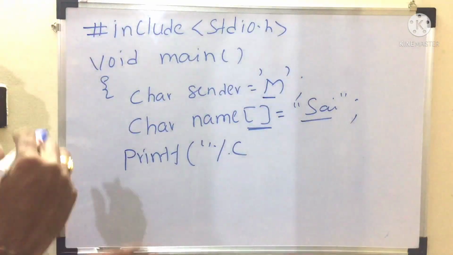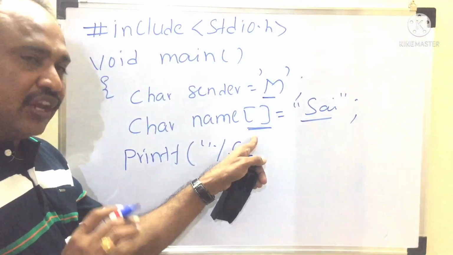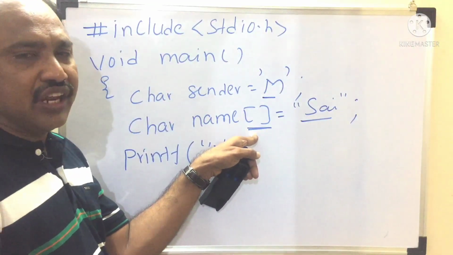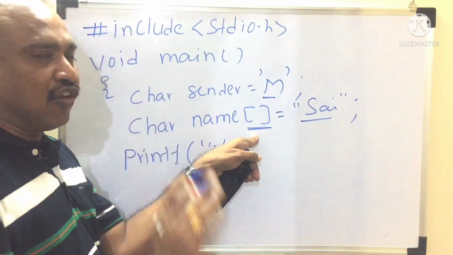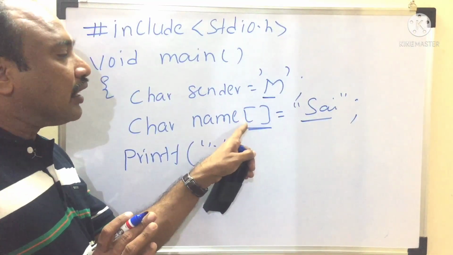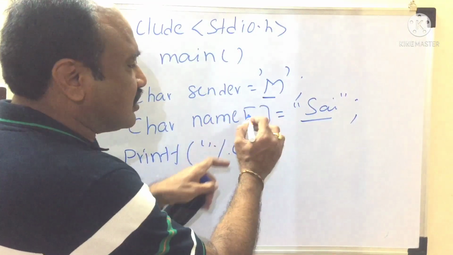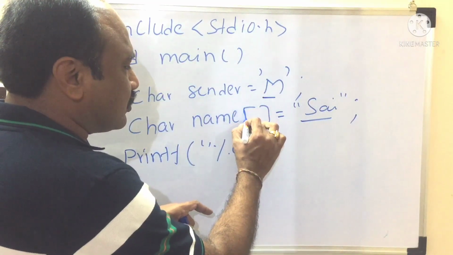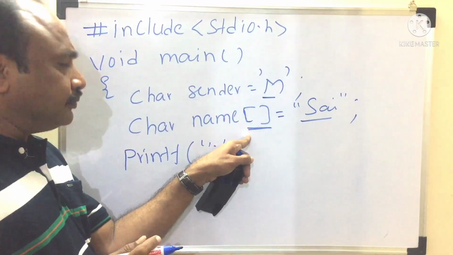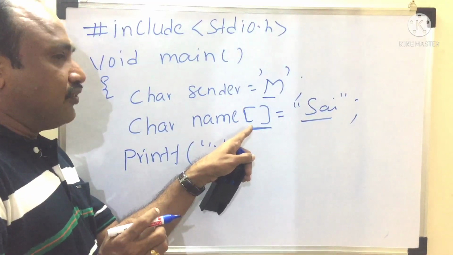Array means I can store more than one character. In coming class videos, I am going to explain what an array is and how to work with arrays clearly. But to work with a collection of characters, we have to use a character array. It means if I use square brackets here, it is nothing but a string.